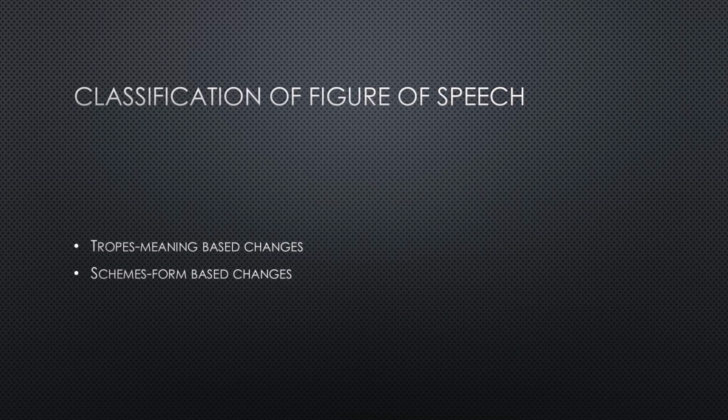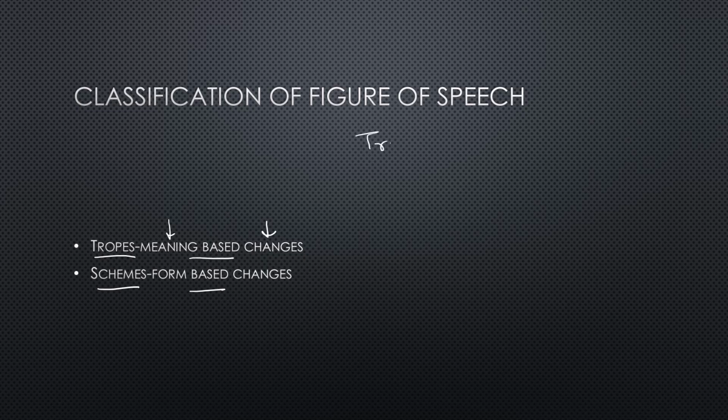Now, what are the classifications of figure of speech? So you will see there are two basic classifications. One is tropes and another one is schemes. Trope means we are making changes based on meaning, but in schemes we have form-based changes. What does it mean?